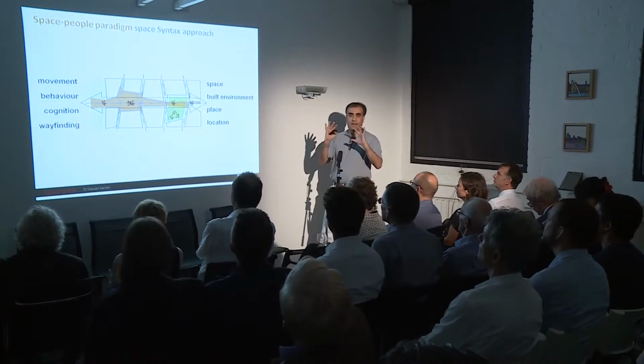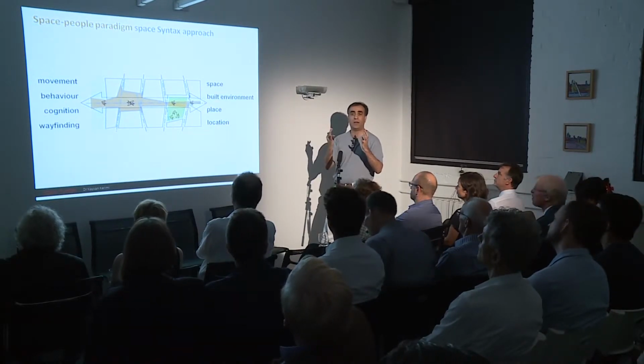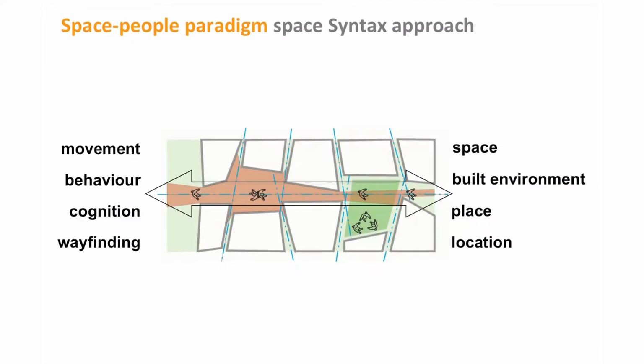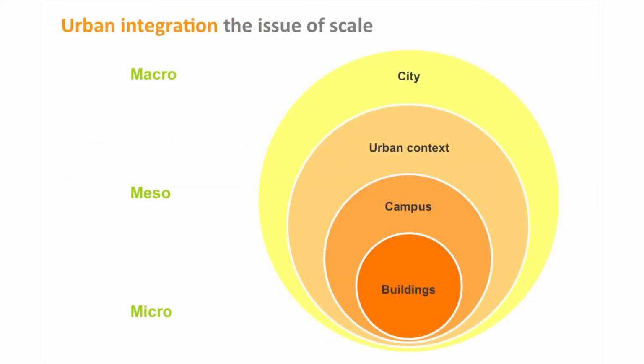And this, as a tool, as a whole approach, is an excellent way of understanding all types of spatial systems. The very good thing about this approach is that it removes that particular problem of scale.